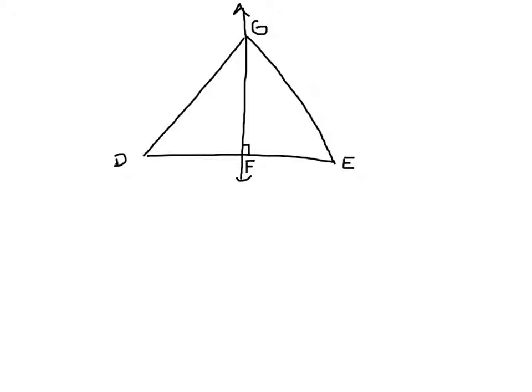So how do we actually use the perpendicular bisector theorem, or the converse of the perpendicular bisector theorem? We have a triangle here with a perpendicular line coming down, our perpendicular line being the line GF. We know it's perpendicular because of this right angle here.